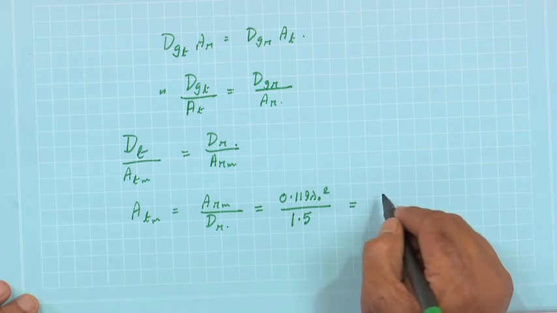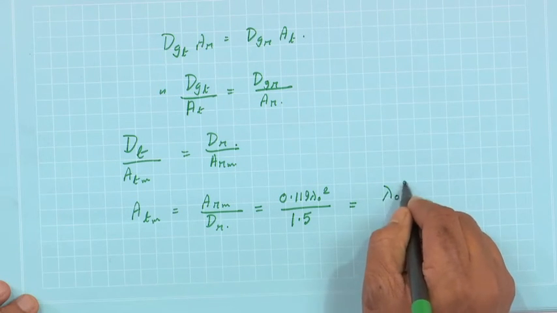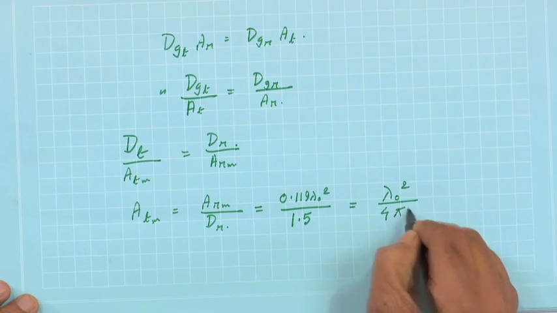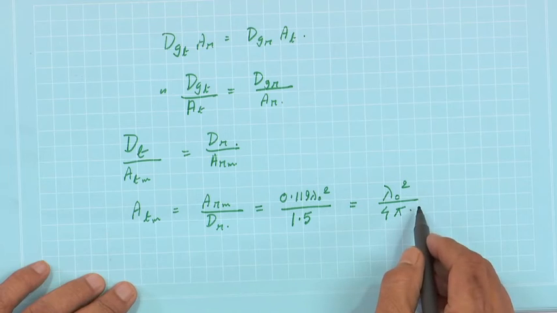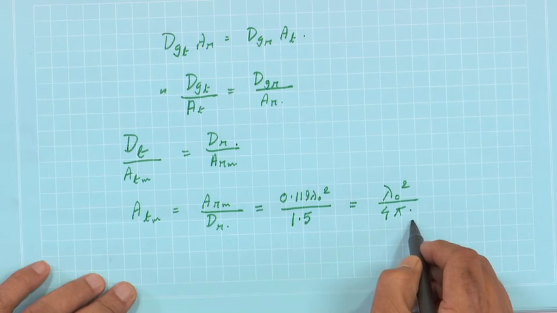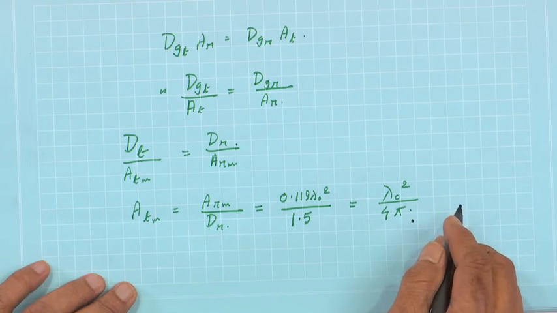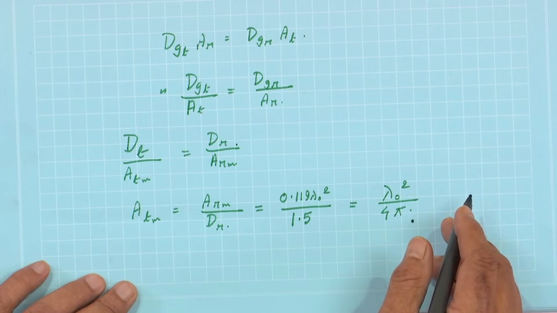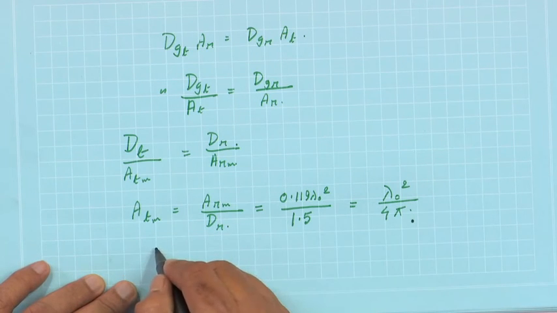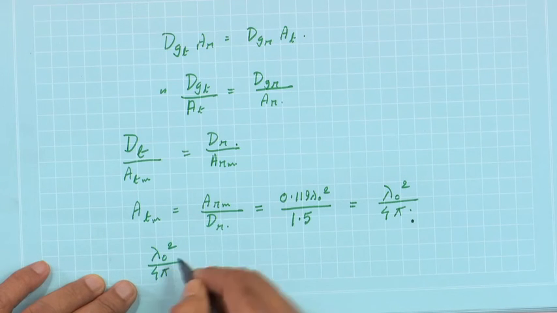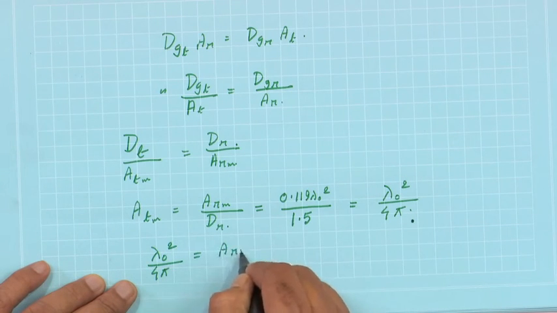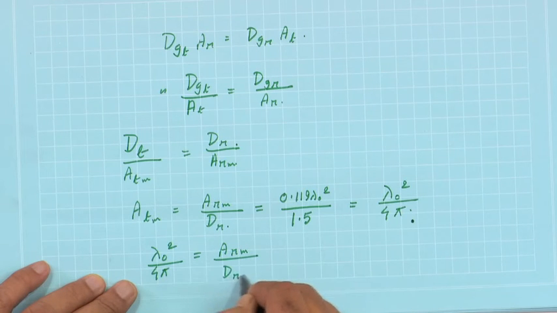Lambda naught square by 4 pi. So, we can say that lambda naught square by 4 pi is equal to ARM by DR.